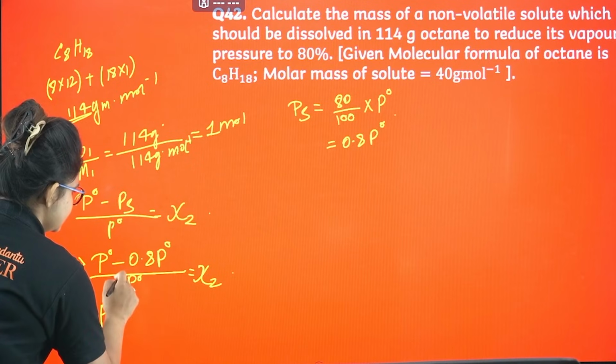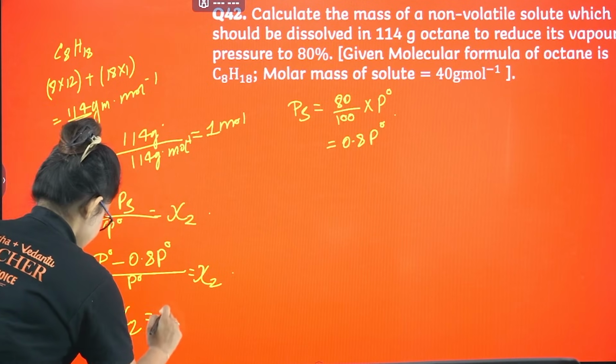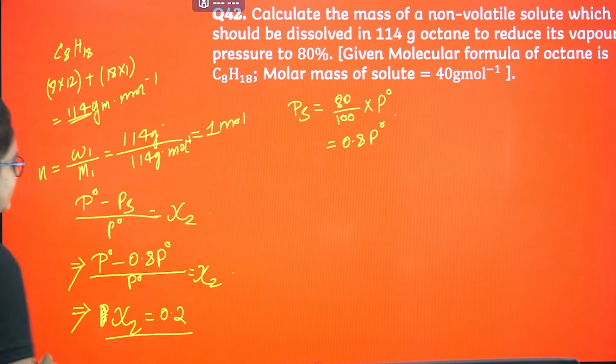P naught will cancel out. X2 will come as 0.2, right? 1 minus 0.8, that is 0.2.